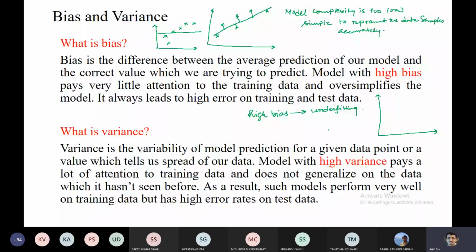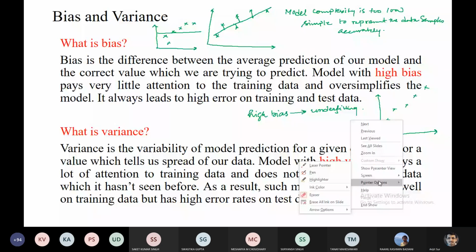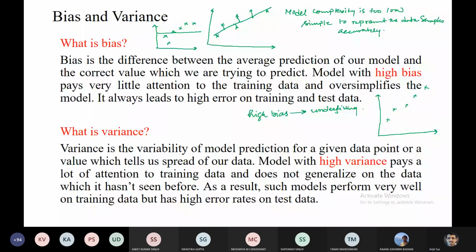Now if this is the data, and let this be your prediction, this is not that high variance.